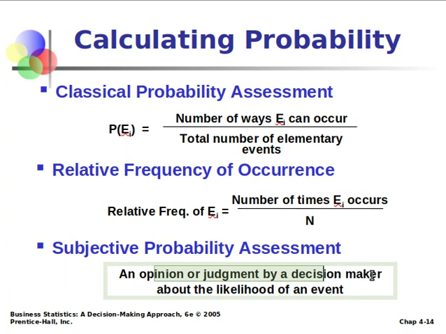Someone who is an expert, or who knows more about, say, rain forecasting, looks at the sky and determines by the type of clouds present and by what he can see in the sky, and he or she would assess the probability of getting rain. Subjective probability assessment.